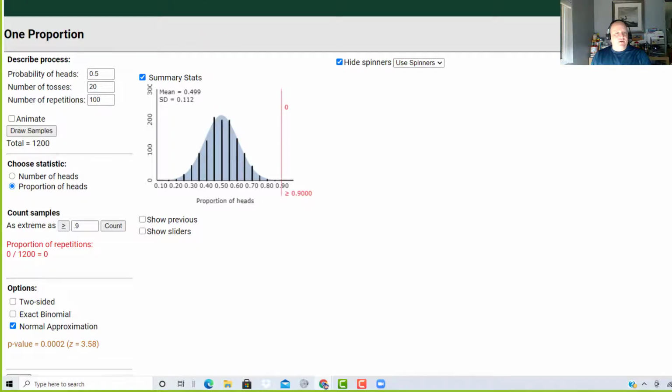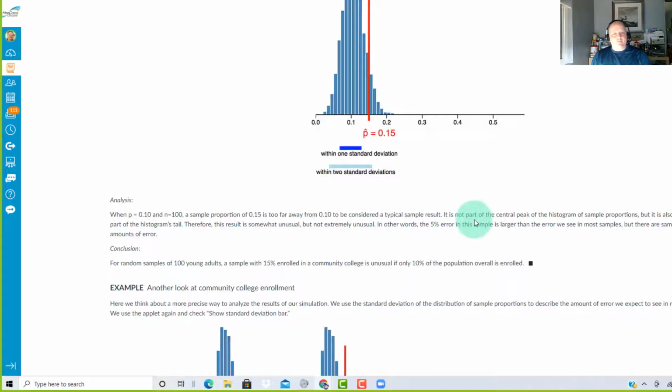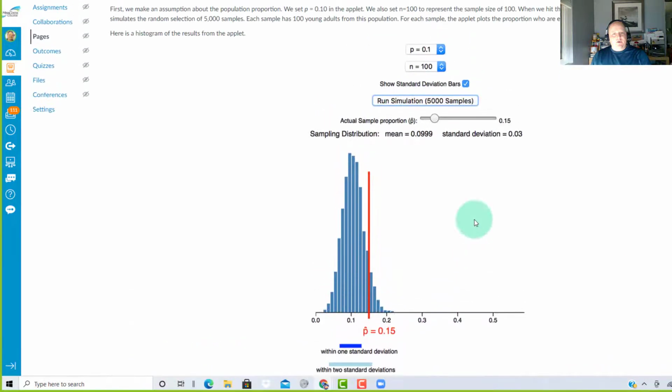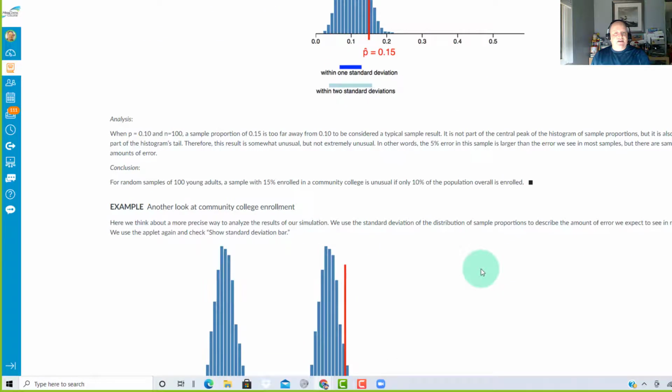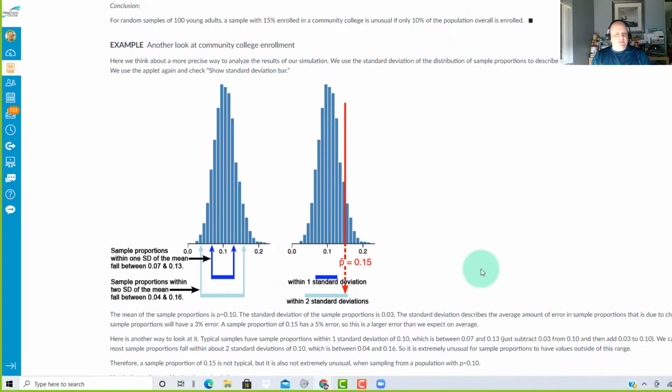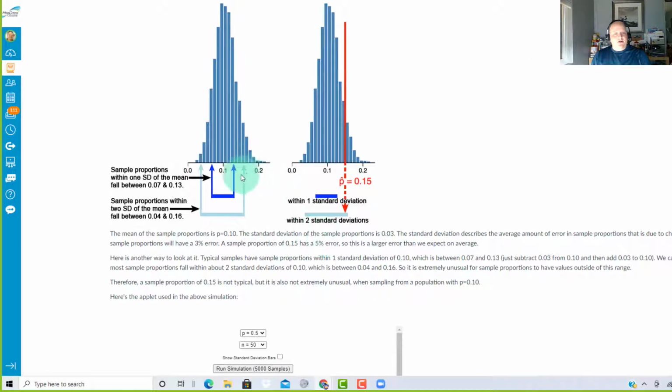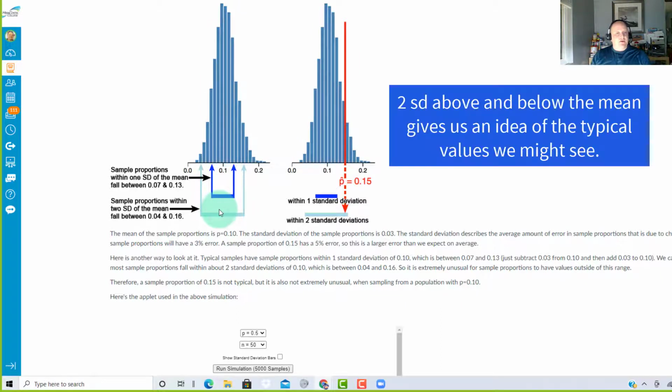All right, let's take a look at how this is going to impact us as we go through. You're going to see a little bit of an applet where you get a chance to run with different percentages and different n values, so you get a chance to see how unlikely something is. Again, what we're going to see is that when you find that standard deviation, the standard deviation away from the mean creates those little brackets of 1 standard deviation or 2 standard deviations above the mean or below the mean.